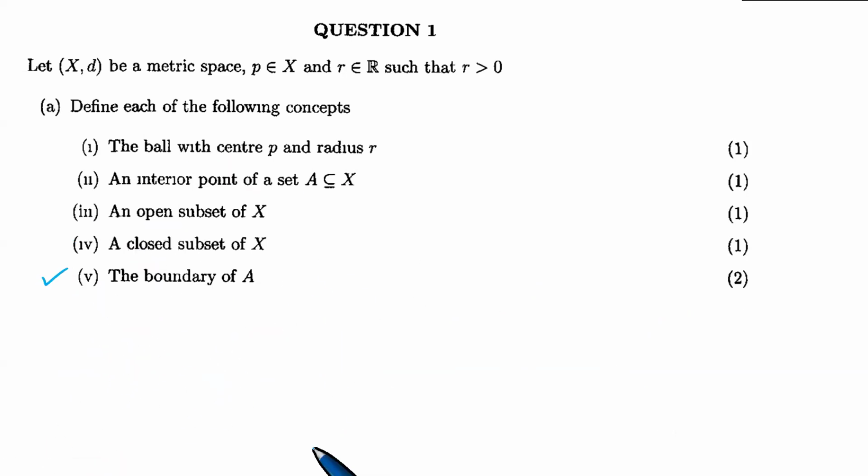Define the notion of a boundary. What is the boundary of a set? Given a set A, what is its boundary? So now we're looking at the boundary of A as a set.